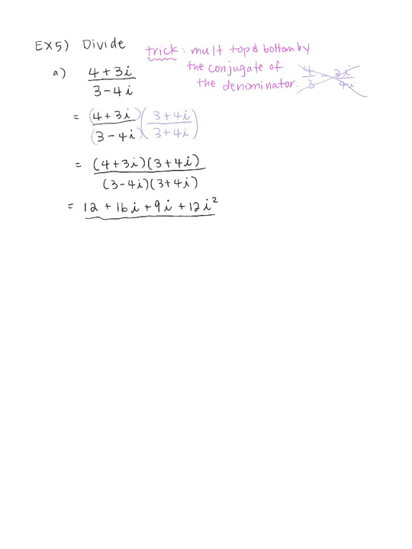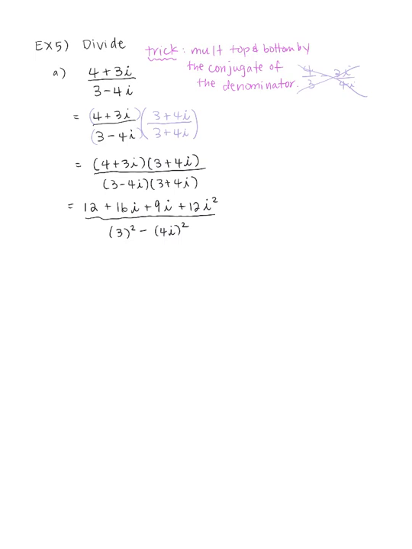Now I'm going to use the shortcut, which is the difference of two squares method, to multiply the two conjugates on the denominator together. So here what we're going to get is 3 squared minus 4i squared. Now if you don't want to do that, that's fine. Just FOIL it out and you're going to get the same answer anyways.